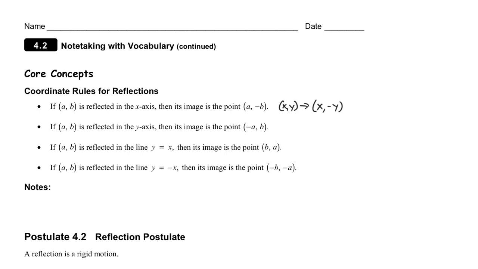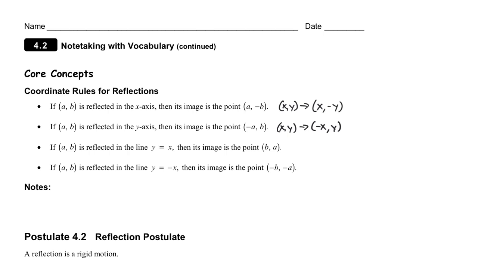If we reflect over the y-axis, I can take the ordered pair, and my x value changes to be its opposite, and my y value stays the same.